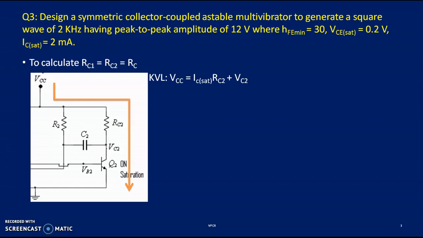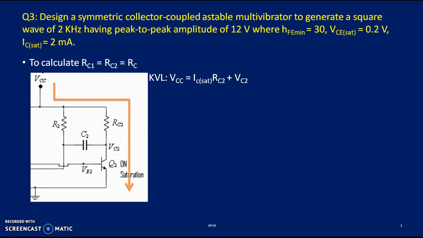Then you can write down this KVL as supply voltage is equal to the voltage drops in the loop. One drop is across this RC2 and one voltage is across the collector and emitter of Q2, that is VC2. Then you can write the KVL as VCC equal to IC sat RC2 plus VC2.